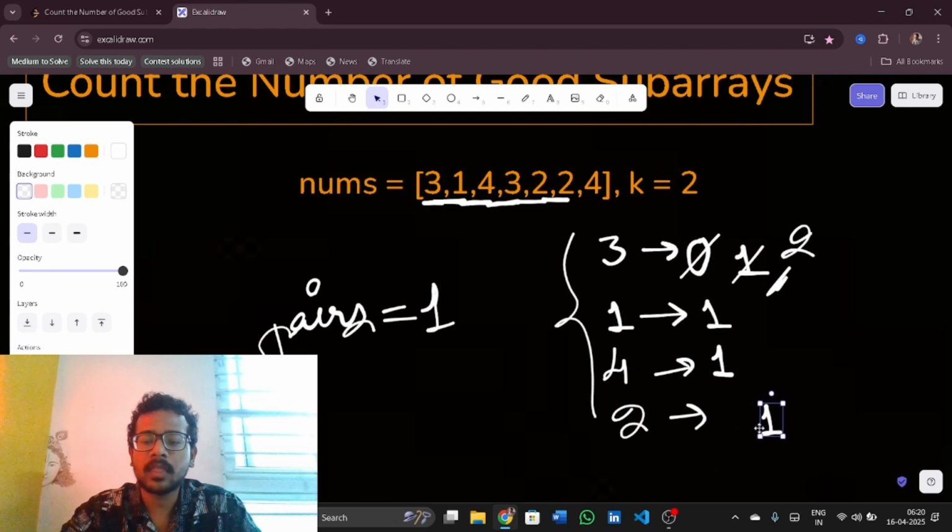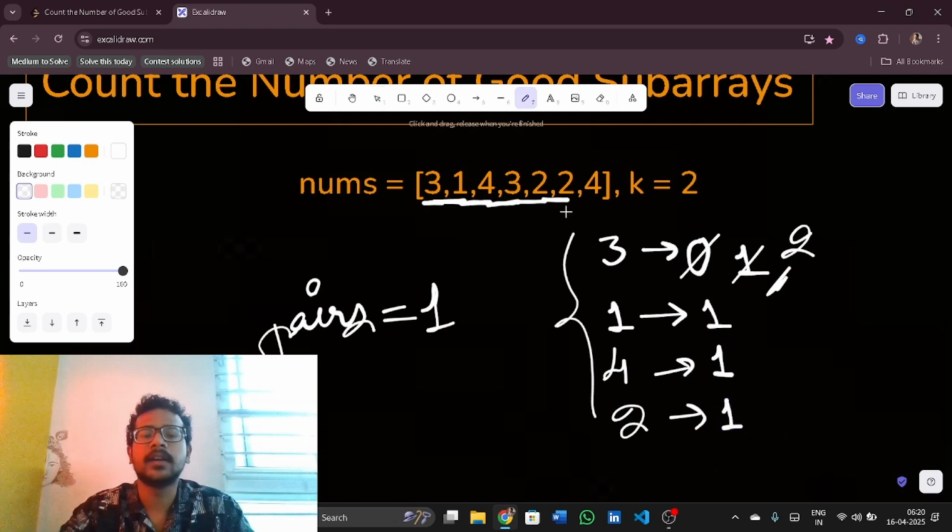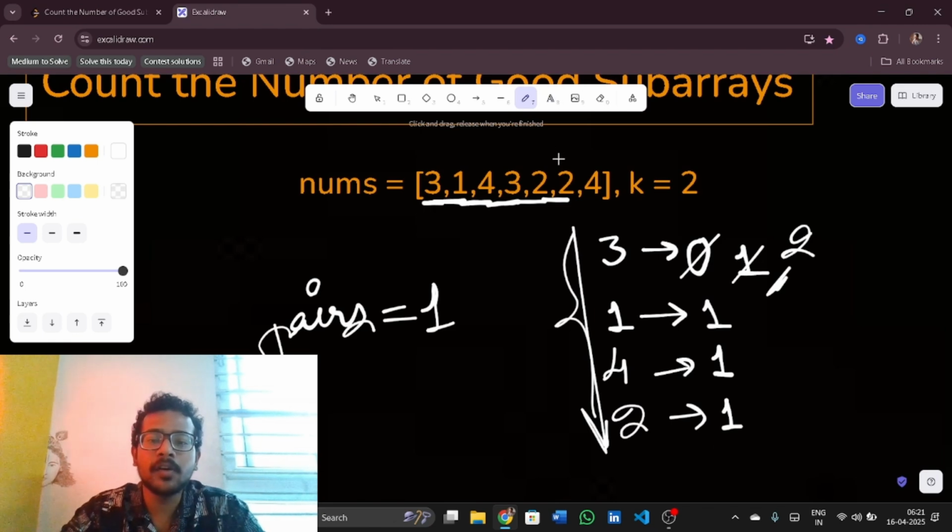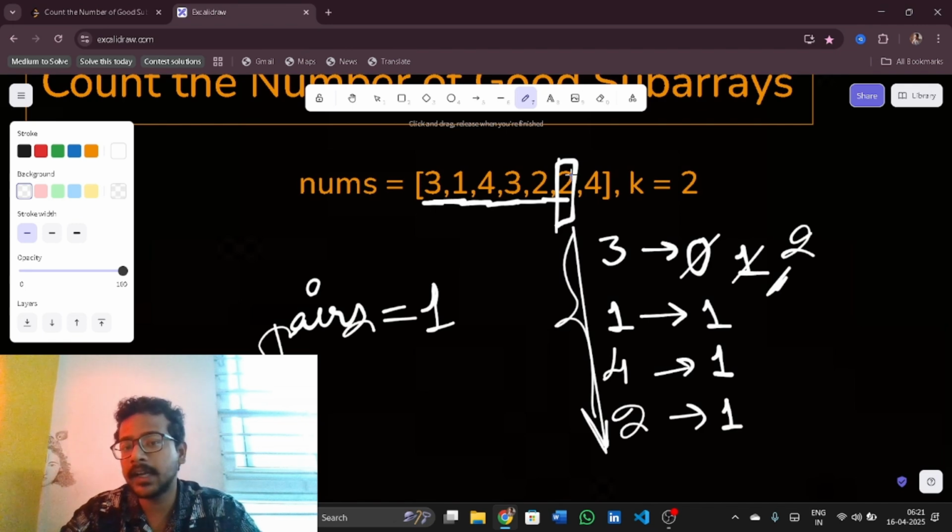Okay. Now I went to the right, and now I have a 2. I'll check again in this hash map, or dictionary in Python. 2 is present for how many times? 1 time. So what does this mean? That means when I get here a 2, and 2 is already present before in the array with count 1, with this 2 I can make a pair, this 2 and this 2.